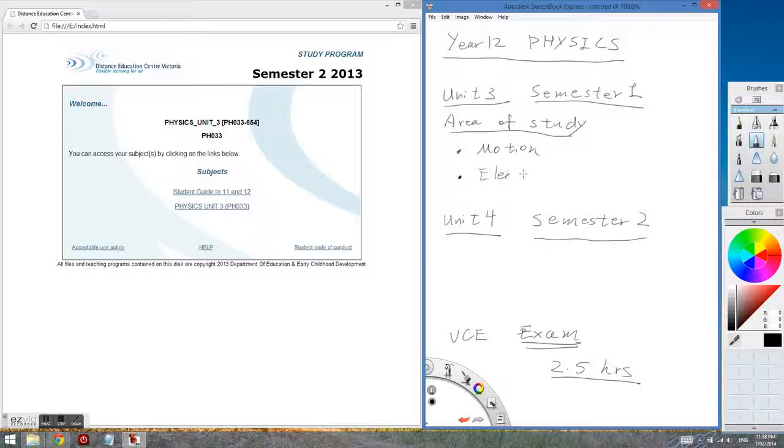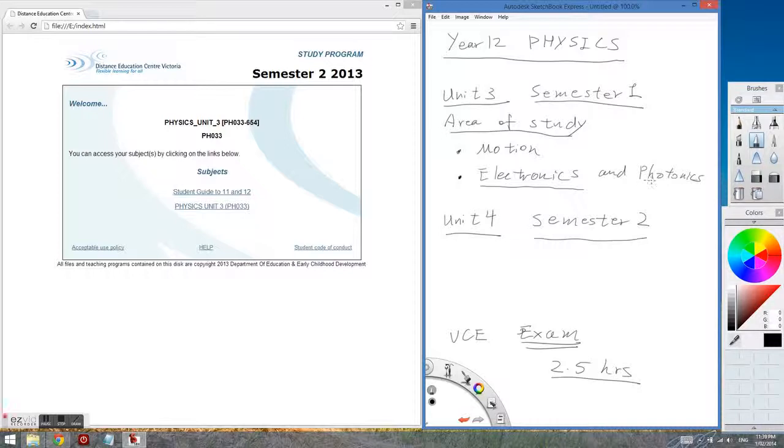The second area of study is electronics and photonics. Electronics is your electrical circuits involving resistance, current and voltage.